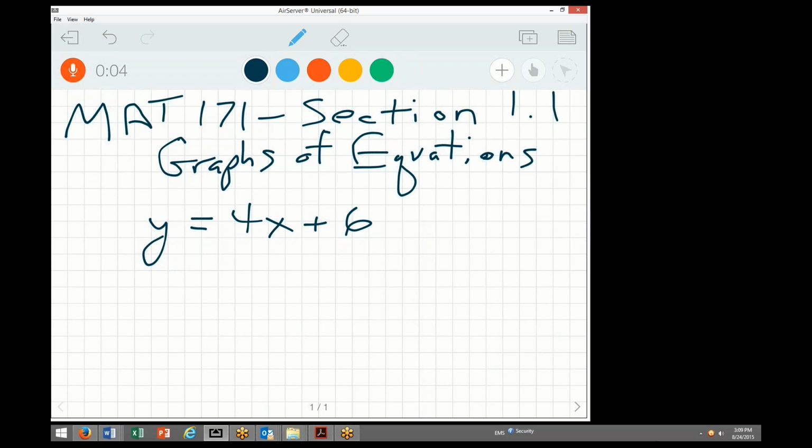So for instance, if I were to consider the point (1, 10), is that a solution point or not of that equation?